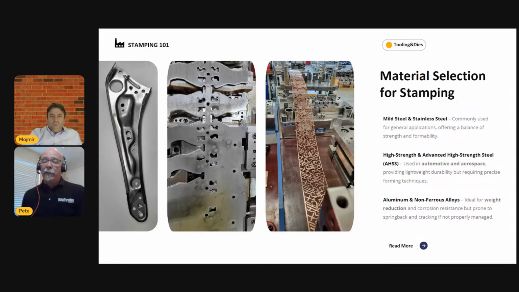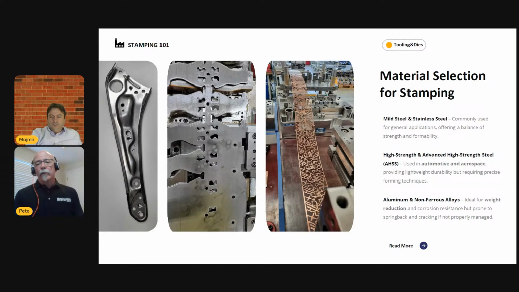Aluminum alloys are finding more favor, especially in automotive, for lightweight reduction. Some things about aluminum to keep in mind: aluminum's Young's modulus, or elastic modulus, is 1/3 that of steel.